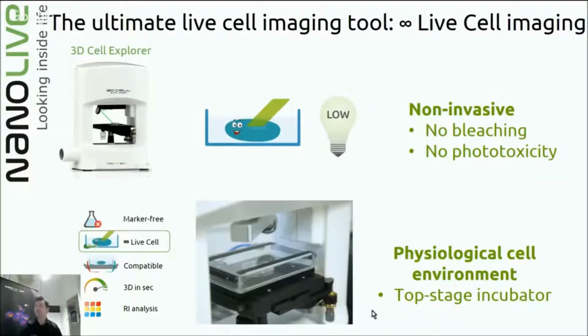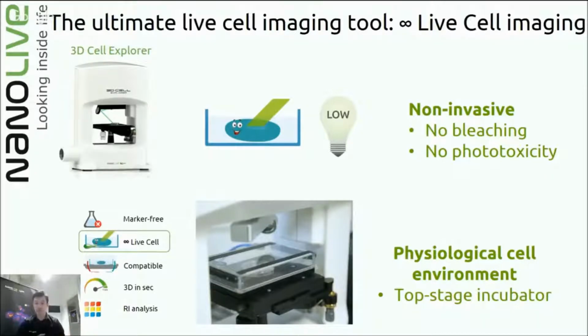Thanks to the collaboration with EBD, our partner, we've been able to develop a top-notch stage incubator that can be placed directly onto the stage of our microscope and allows you to control parameters such as temperature, pH through CO2, humidity, oxygen level, and so on.